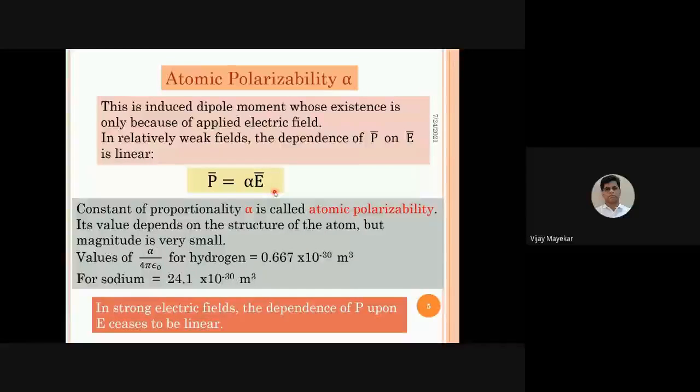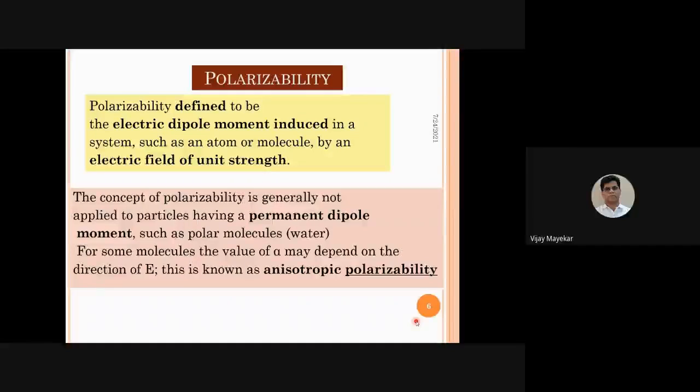When we move on to the strong electric field, the dependence of P bar need not be linear. We are getting into the tensor region, where there will be 9 components operating. Let us go ahead. Polarizability we define to be the electric dipole moment induced by an electric field of unit strength.